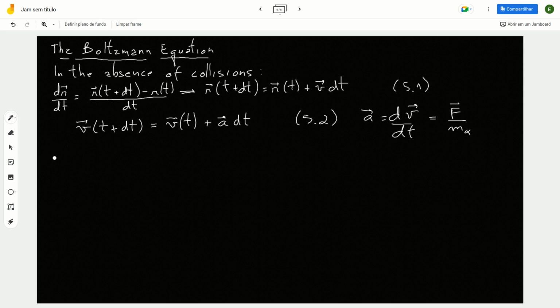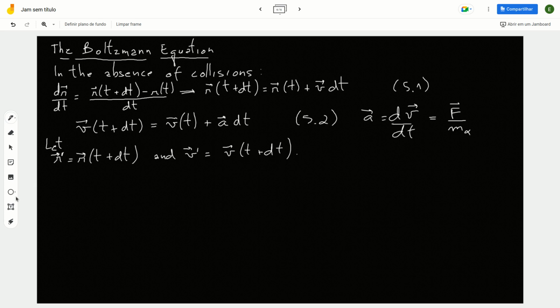And I will adopt this notation here, that r prime be equal to r of t plus dt, and v prime will be v at t plus dt. Sometimes I use this, sometimes I'll use this, right? For the same thing.